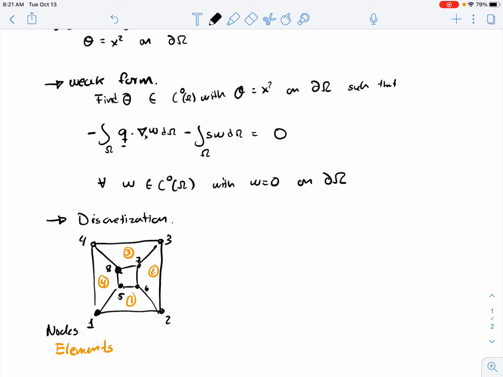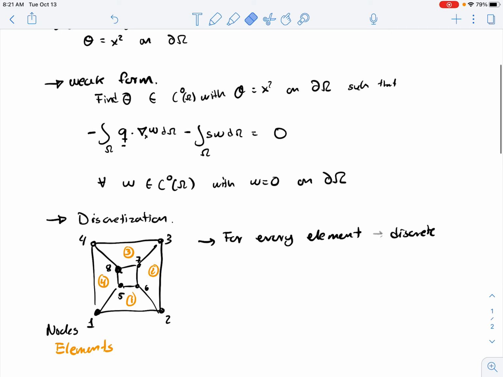So once I have the discretization, then for every element I have the discrete residual. Well, let me do it in parts. For every element, I first have, I forgot to mention the linearization of the weak form. So I have the weak form, and I also have the linearization of the weak form.